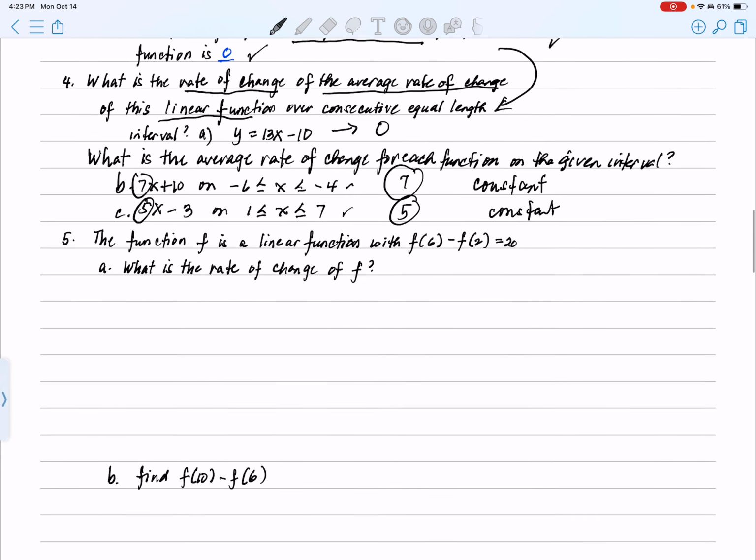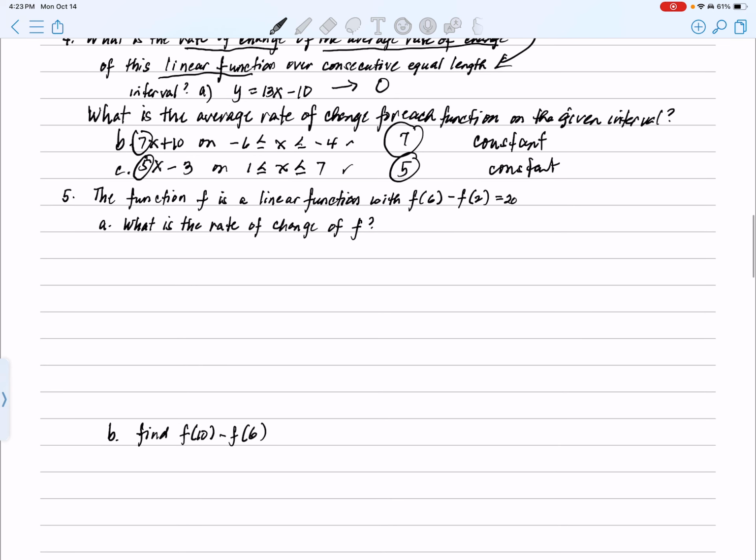Okay. Question 5. The function f is a linear function with f of 6 minus f of 2 equals 20. What is the rate of change of f?